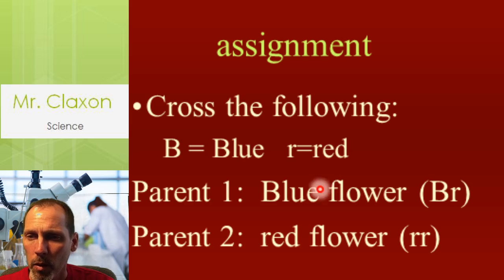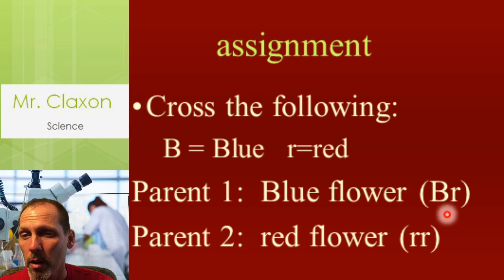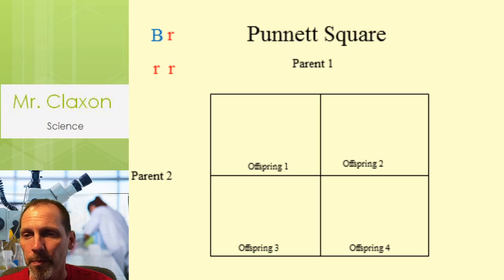And you have parent one. We'll say it is heterozygous, has one capital B and a lowercase r. Parent two, the red flower, is going to have both recessive alleles, two lowercase r's. So what you want to do first off is put parent one over top of these boxes.